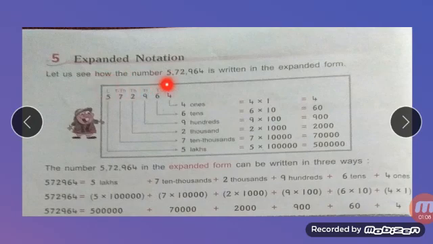So what is there? This is the number. What is written? How to read that number? You have learned that in the previous classes, no? So it is written 5,72,964. Read it. 5,72,964. So how to read it? Is it easy to read? Yes.